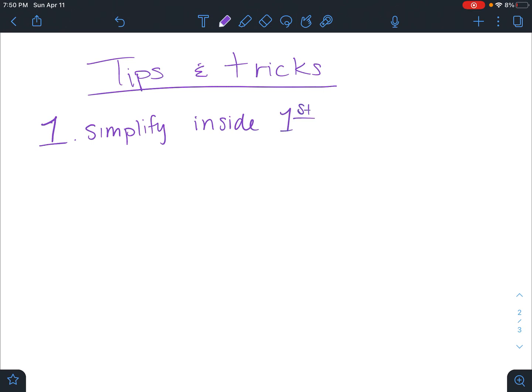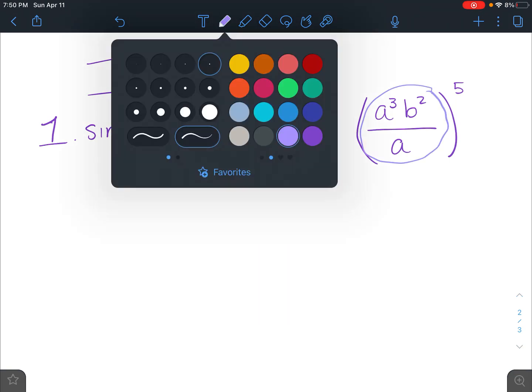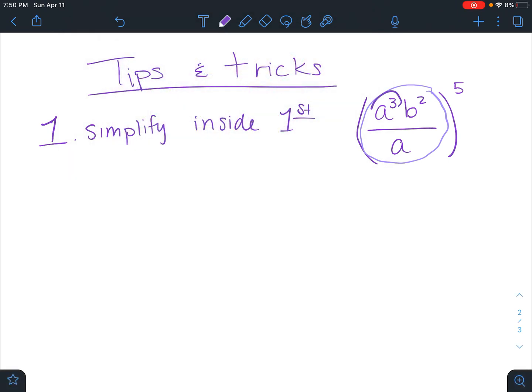For example, if you have something like a to the third b squared over a to the 5th power, that's an example of something you might see. What you want to do is simplify inside first. That means I'm going to use the quotient rule on these two.